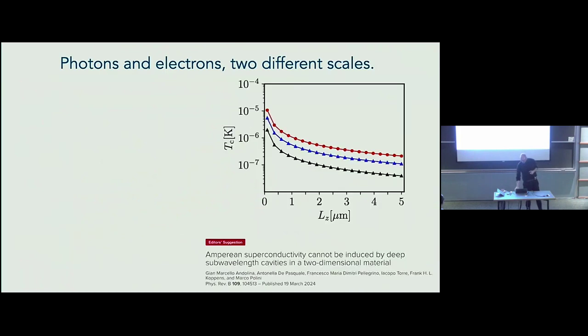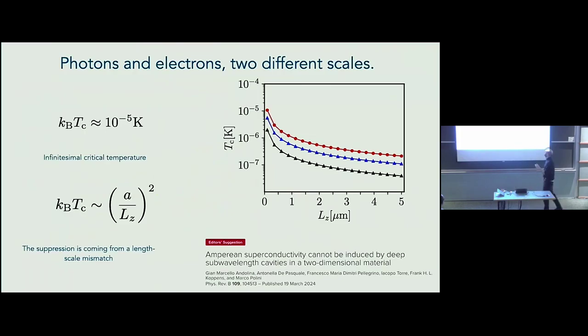And if you do the calculation on superconductivity mediated by photon, this is exactly the reason why at the end of the day, you will get an extremely small number, like 10 to the minus 5 Kelvin for the critical temperature. We have an analytical formula, but really the prefactor that kills everything is this guy that can be like 10 to the minus 8 easily.